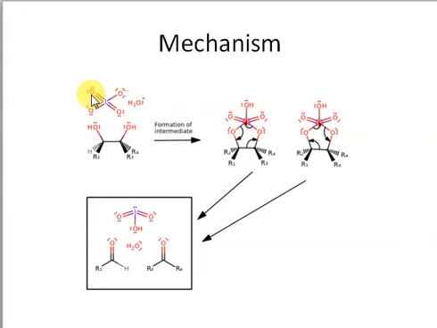An oxidizing agent is a species that oxidizes the molecule and is itself reduced. Iodine has been reduced from oxidation state of 7 to 5. And here we're getting 2 products, one is an aldehyde and the second is a ketone.